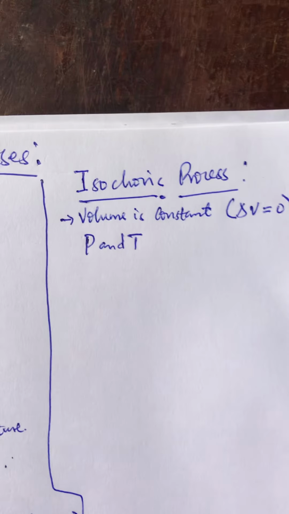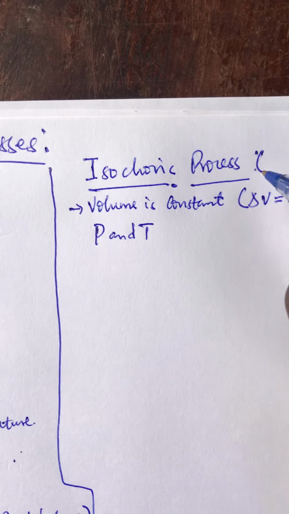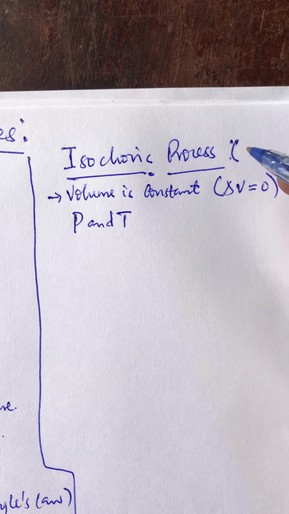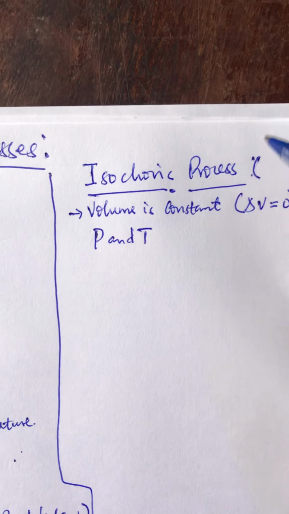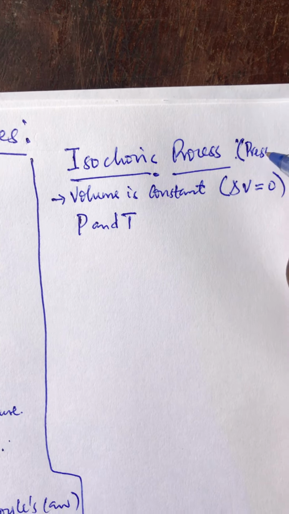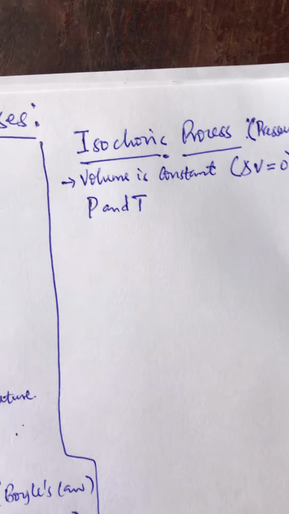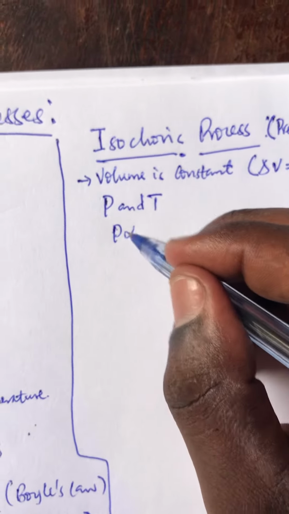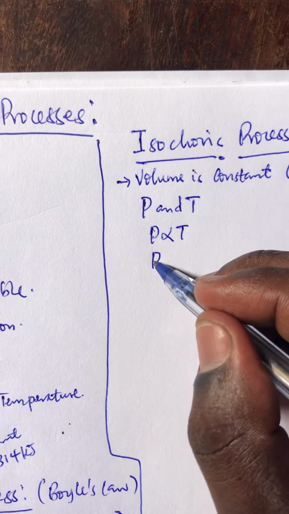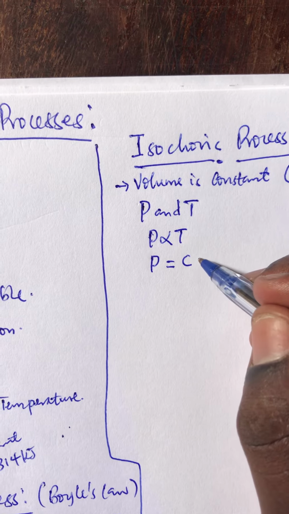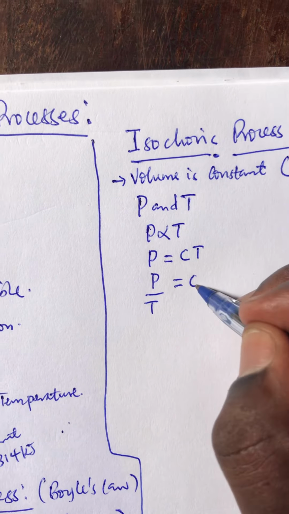And you know temperature and pressure are directly proportional. Therefore, this process is also known as the pressure law. So pressure is proportional to temperature. That means P is equal to CT. Therefore, P over T is equal to C.